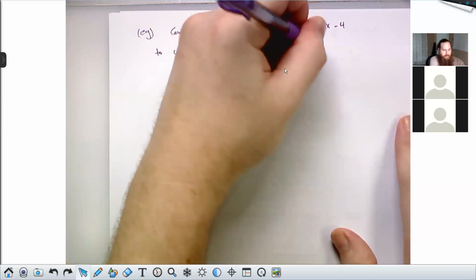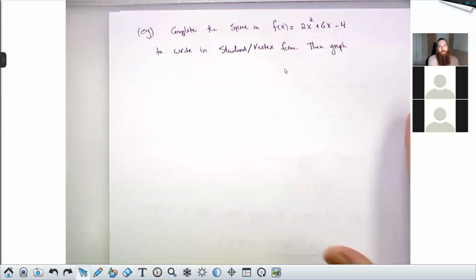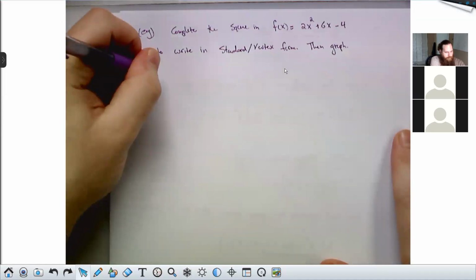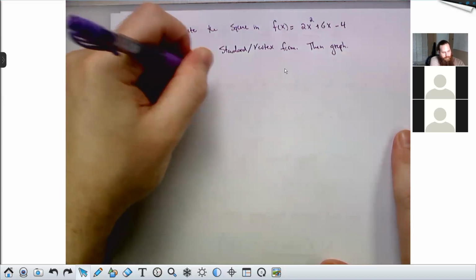Then graph. I have no idea what the roots of this thing are. I want to complete the square. So 2x squared plus 6x minus 4.